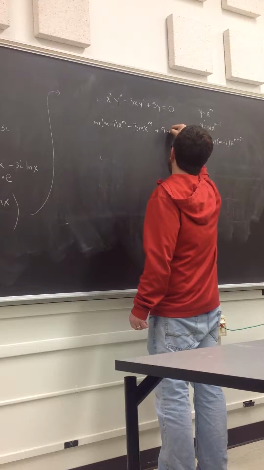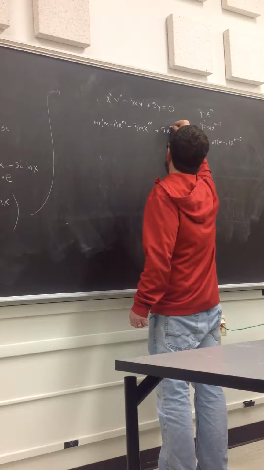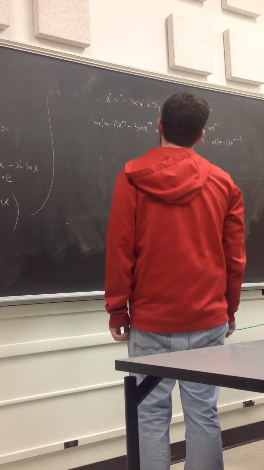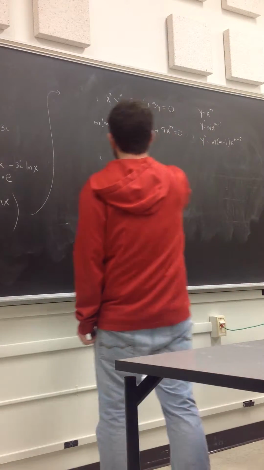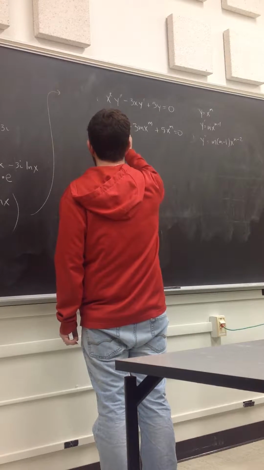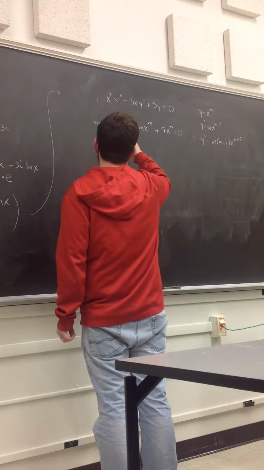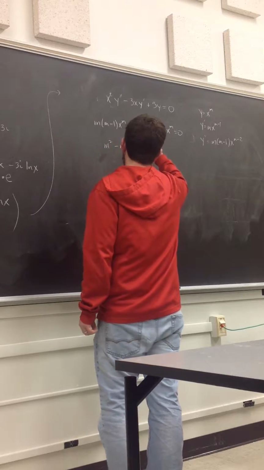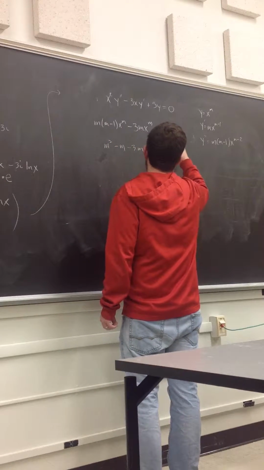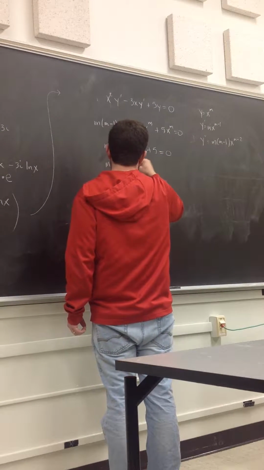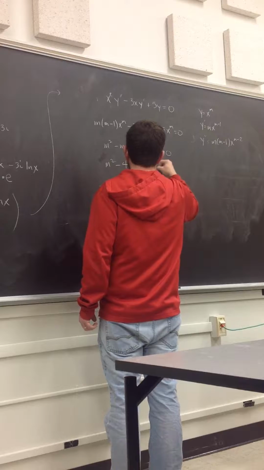Plus 5 x to the n equals 0. Divide by x to the n. So this is m squared minus m minus 3m plus 5. So m squared minus 4m plus 5 equals 0.